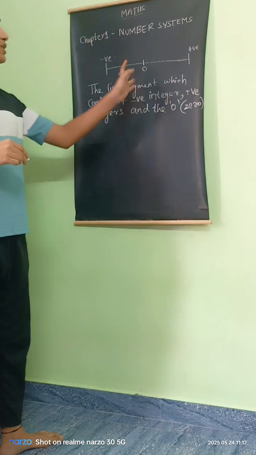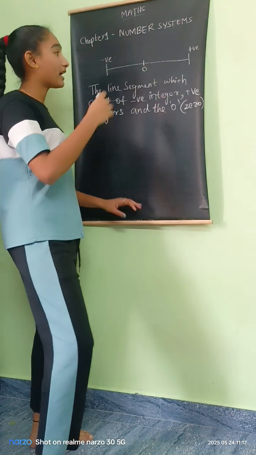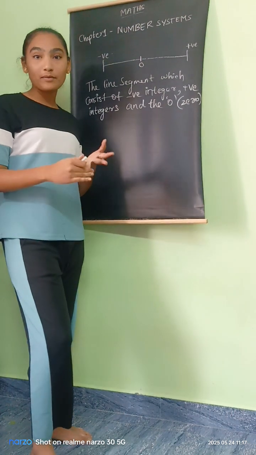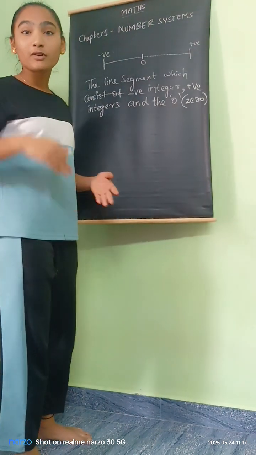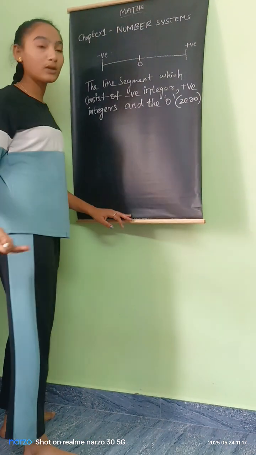What do we locate on this number line? On this number line we usually locate many numbers like natural numbers, whole numbers, rational numbers, irrational numbers, and more. So let's define them one by one.